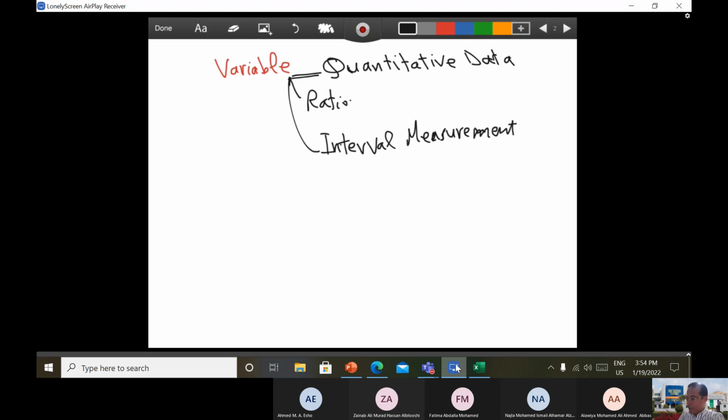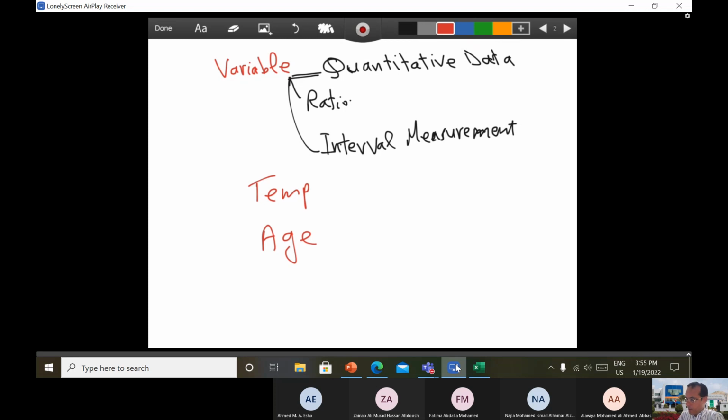Okay. What is the difference between ratio measurement and interval? If I go for the temperature, is the scale of temperature ratio or interval? If I'm asking you your age, is it ratio or interval?